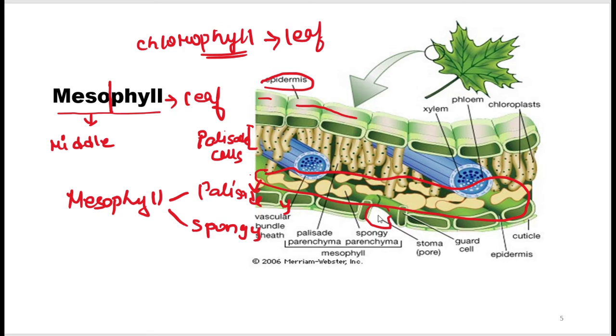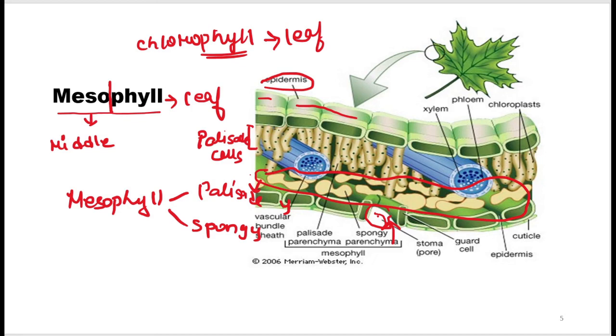So through this opening or through this pore the light enters, and as this light enters, the chloroplast which is present in the mesophyll cells then entraps the solar energy with the help of chlorophyll which is present in the walls of the thylakoids, and then they begin the process of photosynthesis.